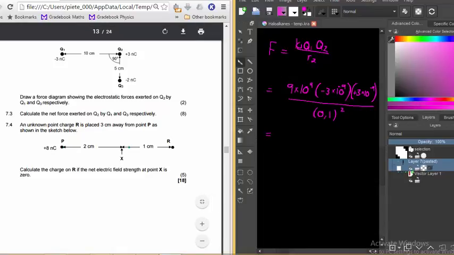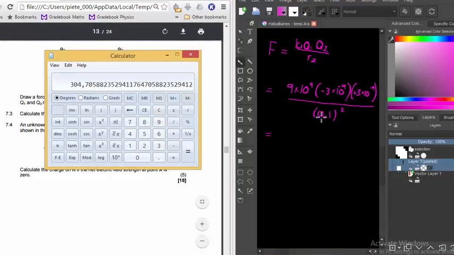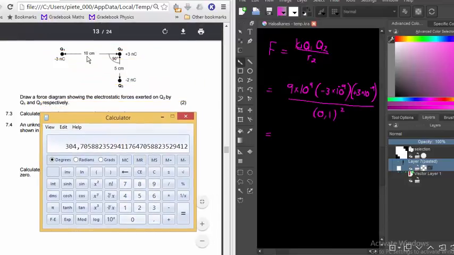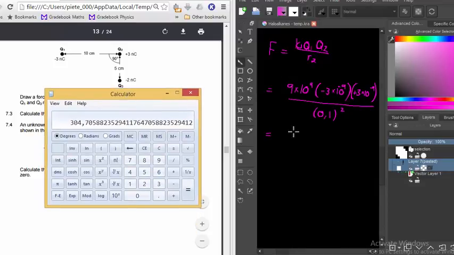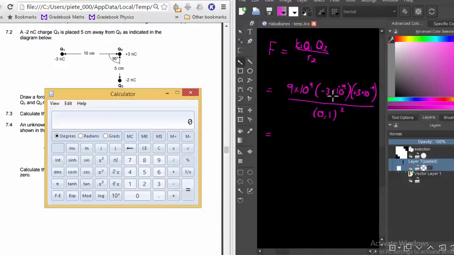100 centimeters is 1 meter. So 10 centimeters is 100 millimeters, and 100 millimeters is 0.1 meters. So let's just do this. This is 9 times 3 times 3, that's 81.